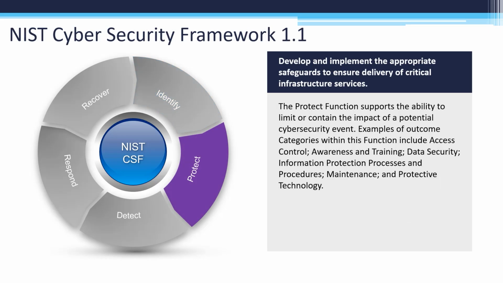When we look at protect, this is where we develop and implement the appropriate safeguards to ensure the delivery of critical infrastructure services. The protect function supports the ability to limit or contain the impact of a potential cybersecurity event. Examples of outcome categories within this function include access control, awareness and training, data security, information protection processes and procedures, maintenance and protective technology.